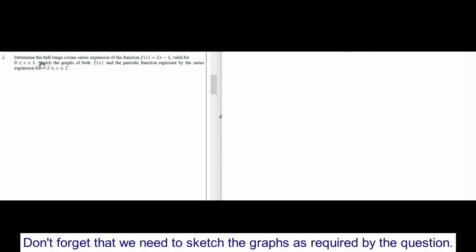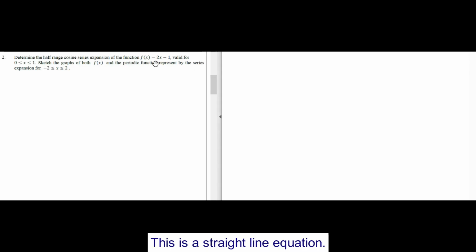Don't forget that we need to sketch the graphs as required by the question. This is a straight line equation.